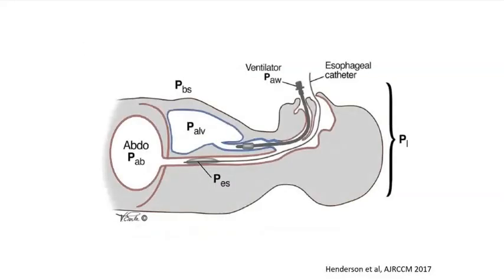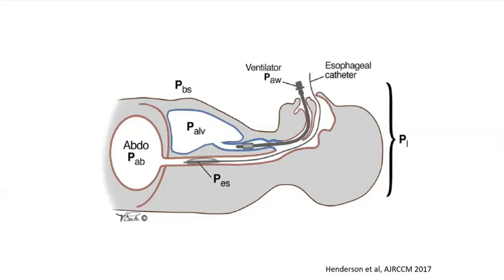So as I said, since the 50s, we know that the pressure measured in the esophagus shows very similar changes in terms of amplitude compared to the pressure in the pleural space.